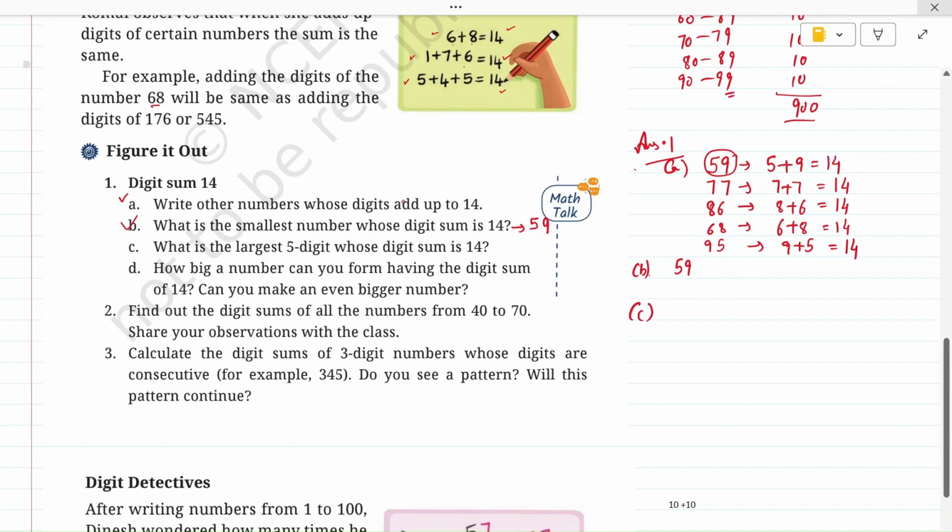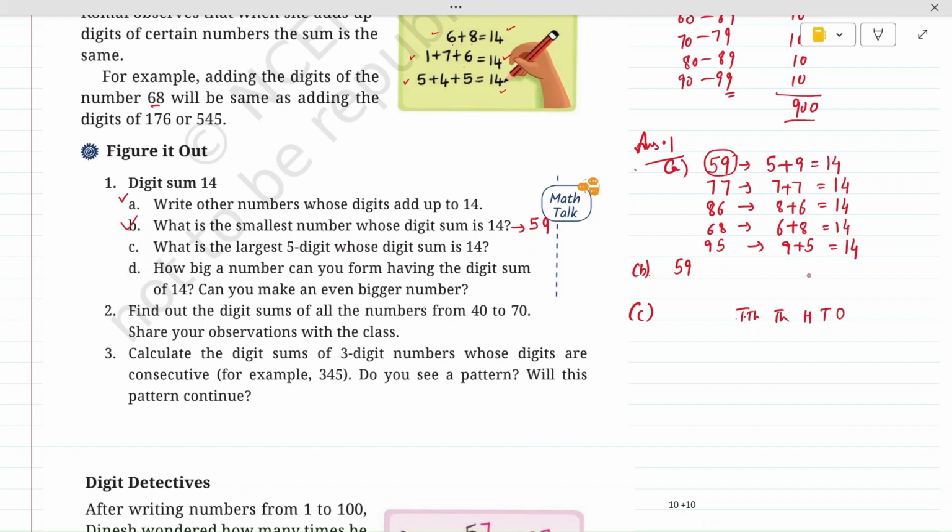So here, how we can do this is the C part. What is the largest 5-digit number whose digit sum is 14? So we have to take a 5-digit number. So I'm going to start like this. We need ones, tens, 100, 1,000, 10,000. These are the 5 places which we have to fill in a way that we get 14 as the sum, and it should be the largest 5-digit number.